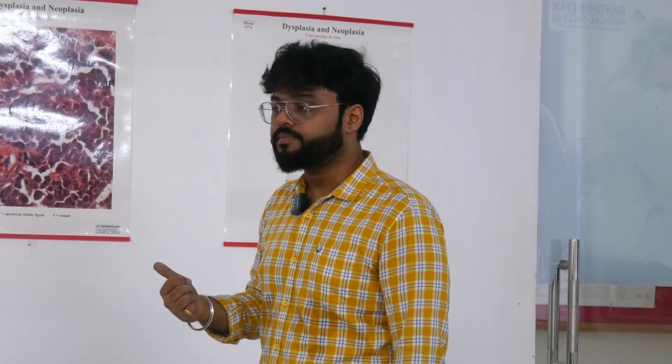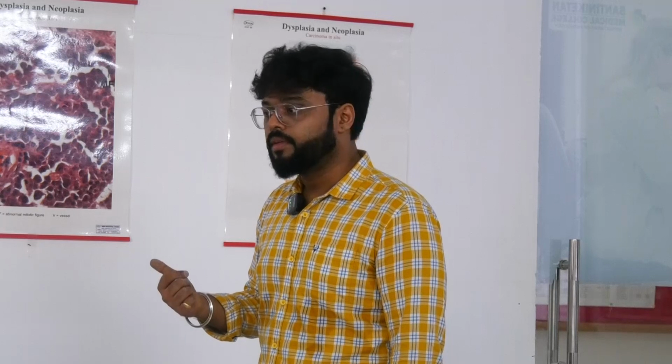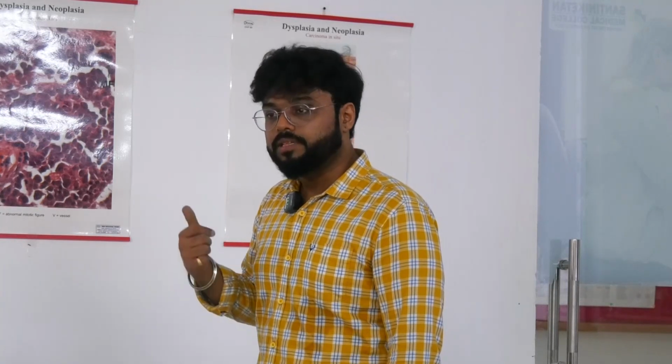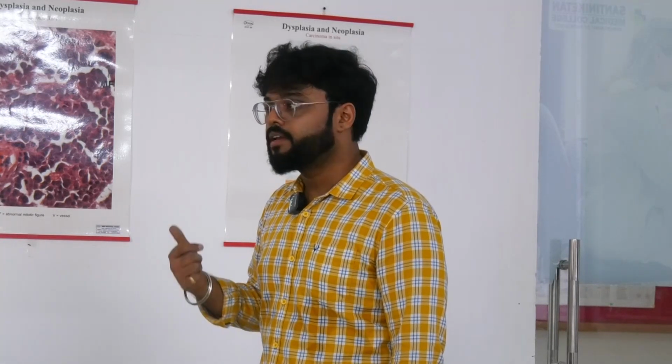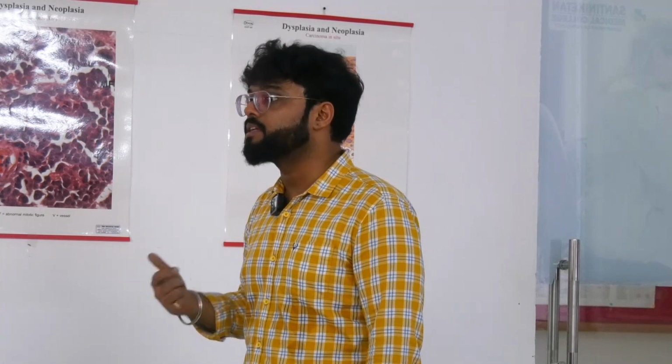then first হচ্ছে membrane থেকে শুরু করো। There is abnormality in RBC membrane. Hereditary, example spherocytosis, elliptocytosis.